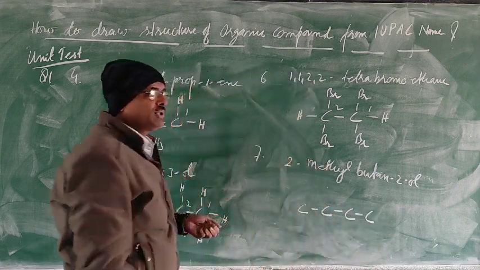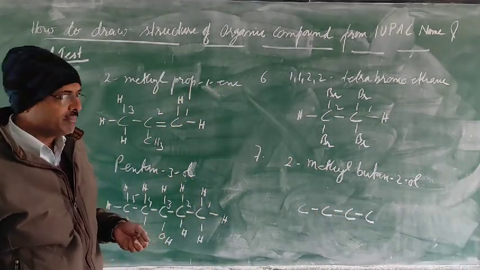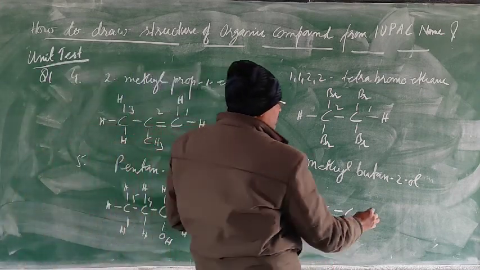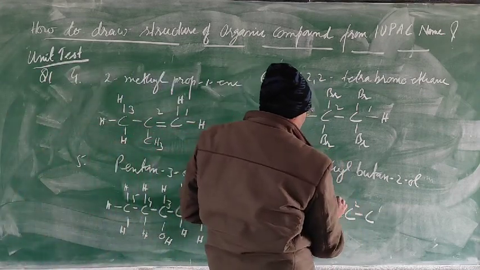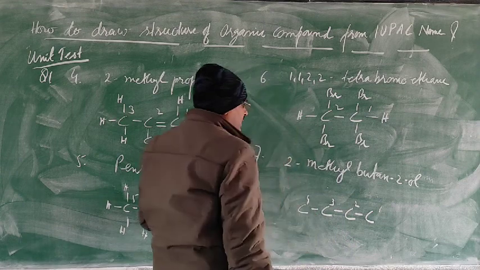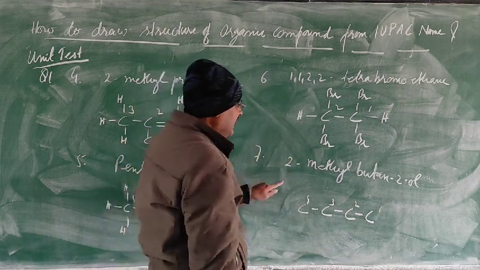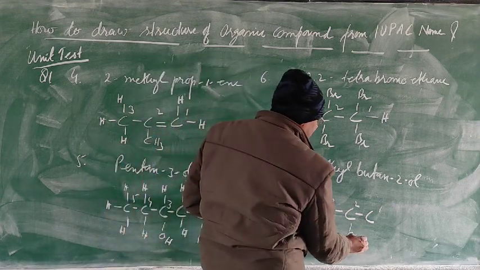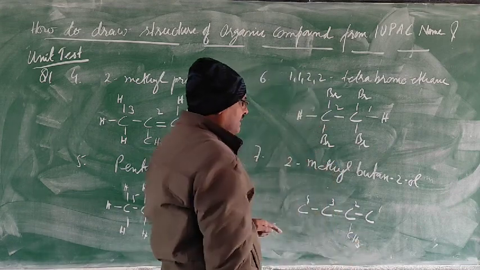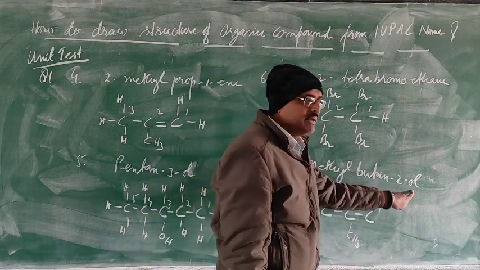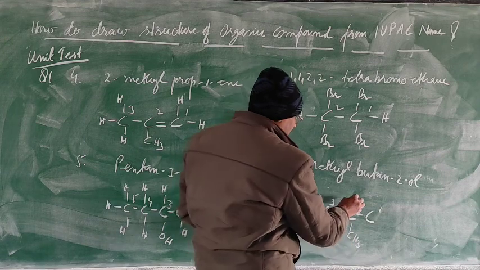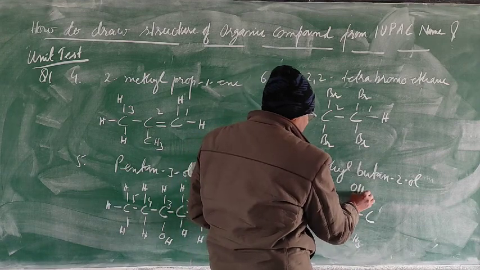Draw a chain of 4 carbon atoms. Then you can do the numbering from any side. So 1, 2, 3, 4. Now at the second position, a methyl group is there. So put the CH3. Then on the second position, "ol" is given, meaning hydroxyl group. So here you can put the OH.